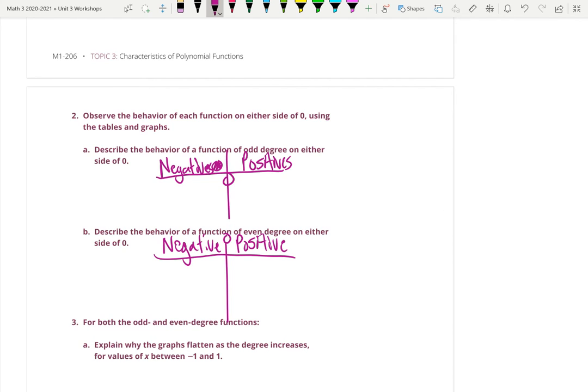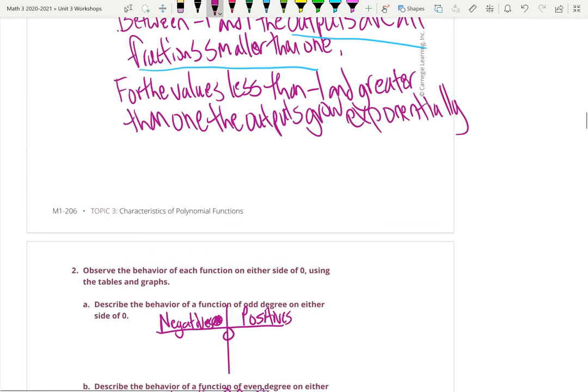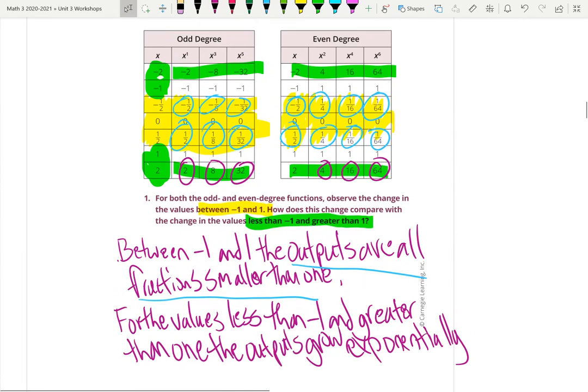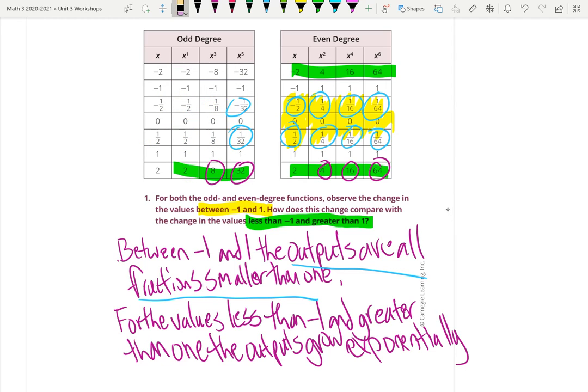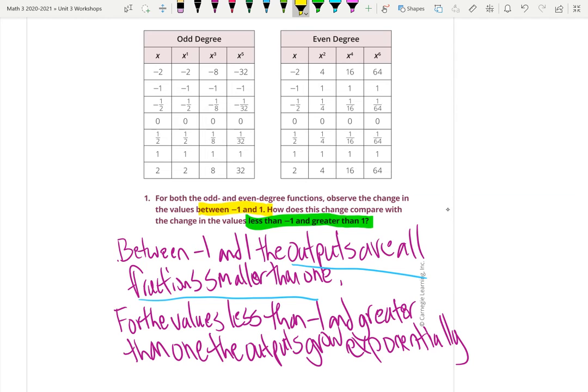So for negatives, what you might notice for the odds is, let's go ahead and erase, so we're only looking at odds. And what happens when I plug in negatives? It only turns out to be negative outputs.